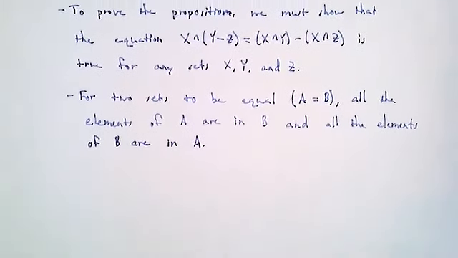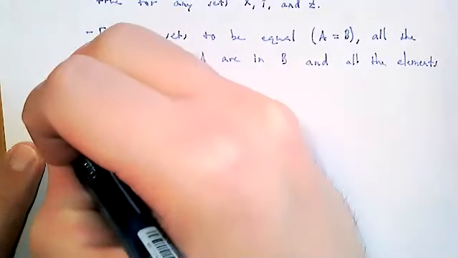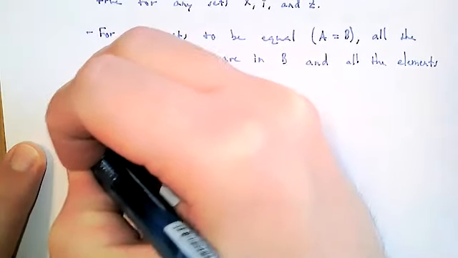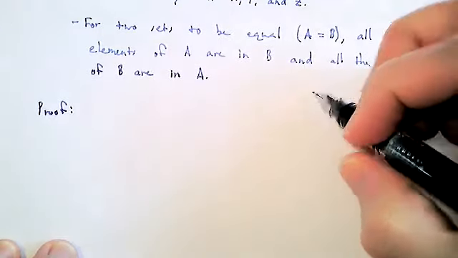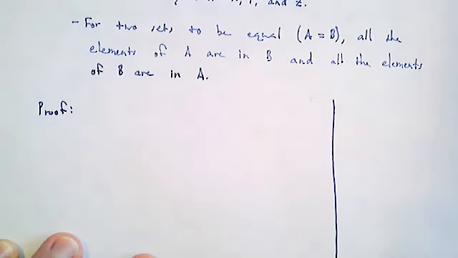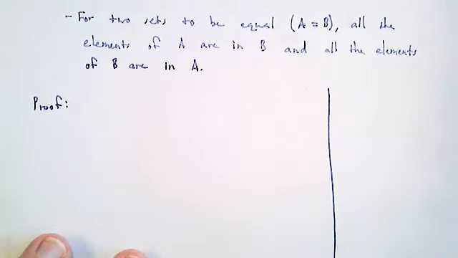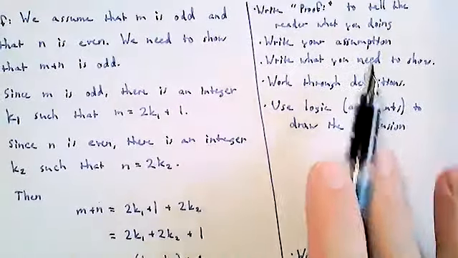So let's go a little bit further down and write the word proof, since we're going to start proving something now. I'm going to break my page into two columns so that I can write some notes over here on the right in case we need to. So we need to start by writing proof like we already did, and then we need to write our assumptions.